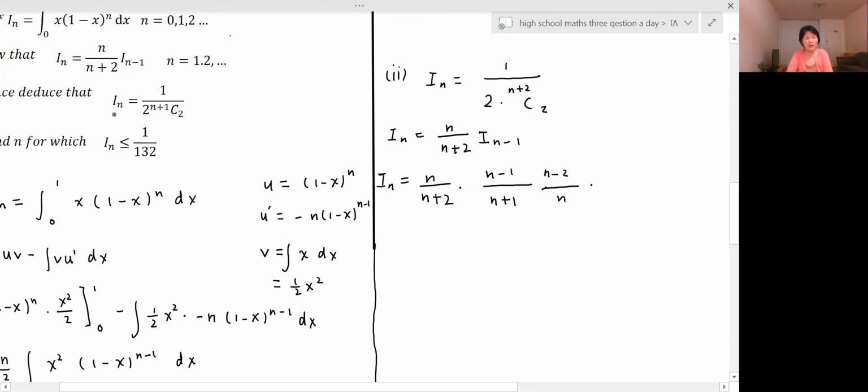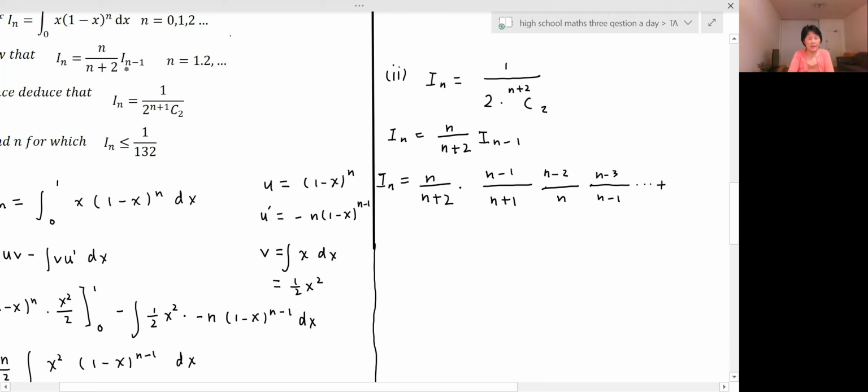So the next one will be n minus 3. Then, using n minus 3 to replace here, and this n using n minus 3 to replace, we continue.